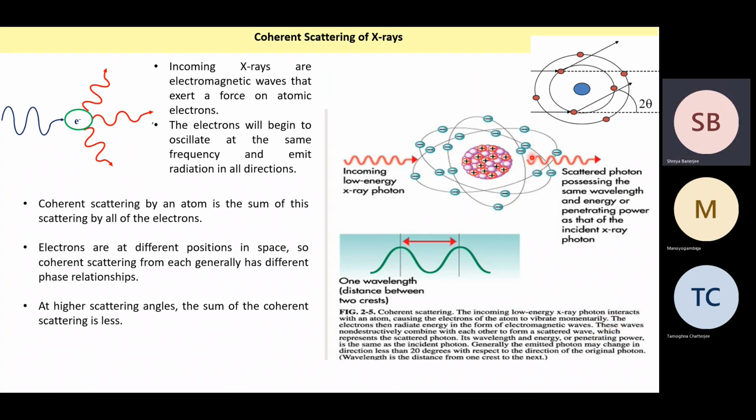These scattered X-rays non-destructively combine with each other to form a scattered wave, which represents the scattered photon. Generally, the emitted photon will change in direction by around 2 theta. So if this is your incoming X-ray and this is your emitted X-ray, there will be a difference of angle 2 theta between them.